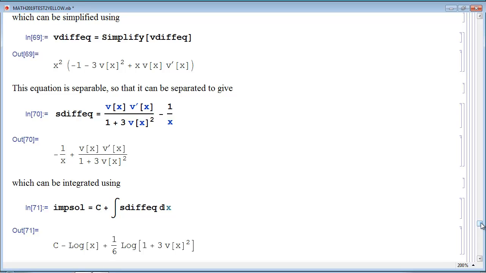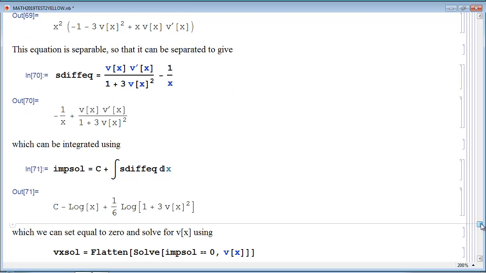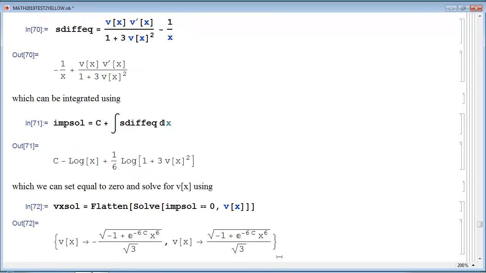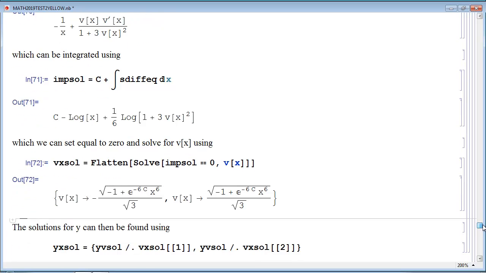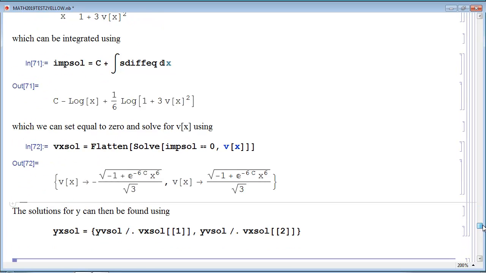And we can solve this equation for v of x using this, and we'll get two solutions like that. And now we need to express the solution for y of x, which is the original differential equation, and we can do that using this.